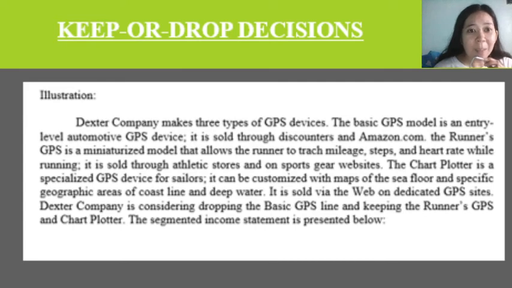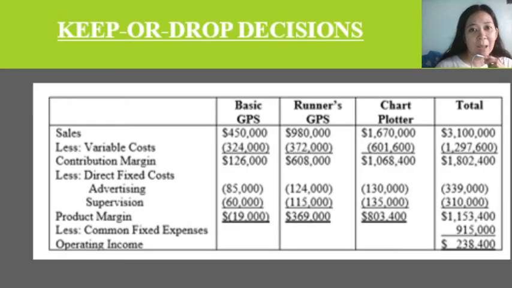So the company is considering dropping the basic GPS line, and they will keep the runner's GPS and the chart plotter. So here, they have provided the income statement for these three types of products. For the basic GPS, so the product margin is negative.